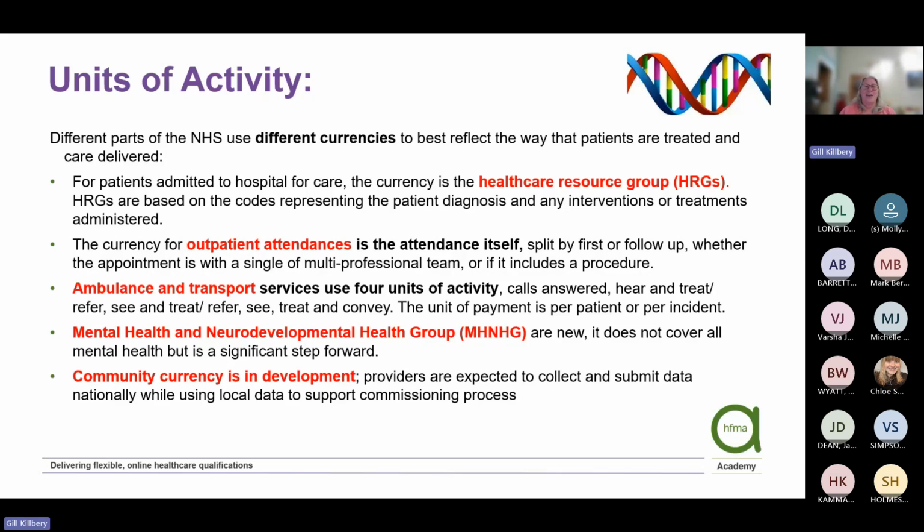There's a lot riding on how providers code their activity. Different coding can result in different resource groups. Depends where it sits. It looks at diagnosis, it looks at interventions, it looks at where the patient has moved from and to.